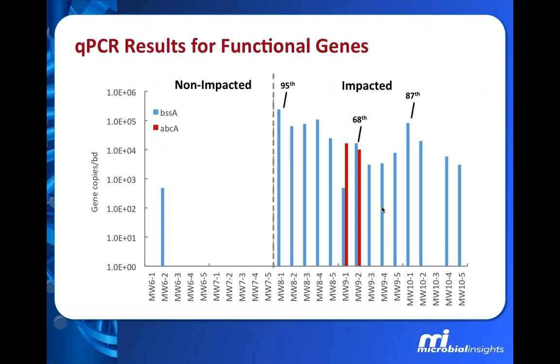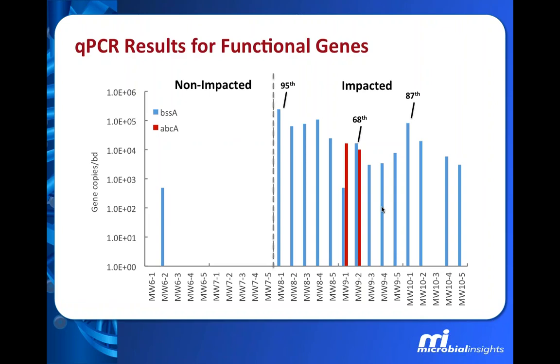So here I've shown qPCR results for these same samples. We have BSSA in blue. BSSA is benzylsuccinate synthase, and it encodes the enzyme responsible for initiating anaerobic BTEX biodegradation of toluene and other alkyl-substituted benzenes. Then in red, I've also included ABCA, which is anaerobic benzene carboxylase, and it's one of the few known pathways for anaerobic biodegradation of benzene.